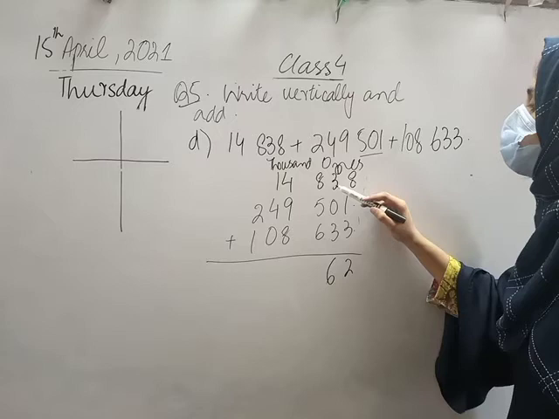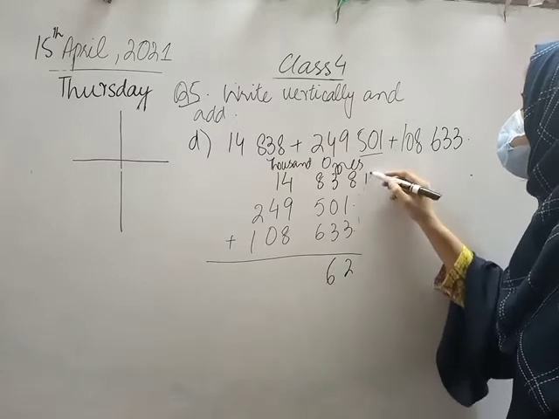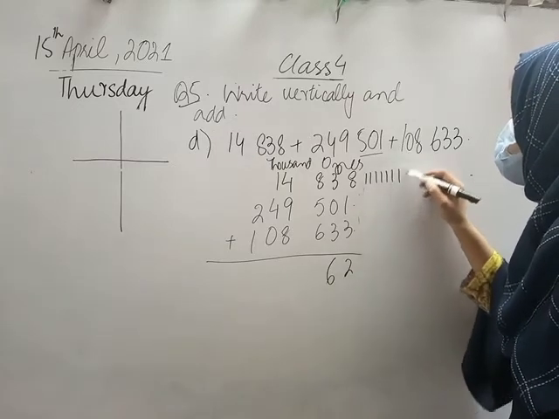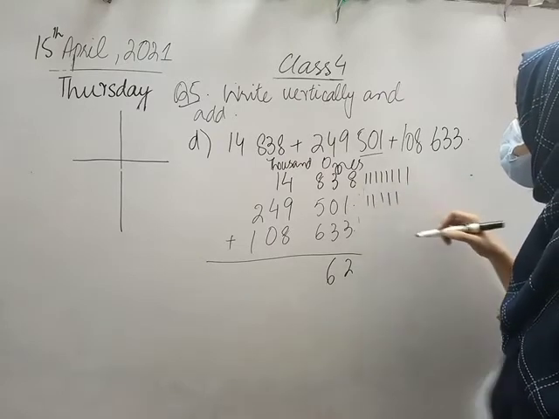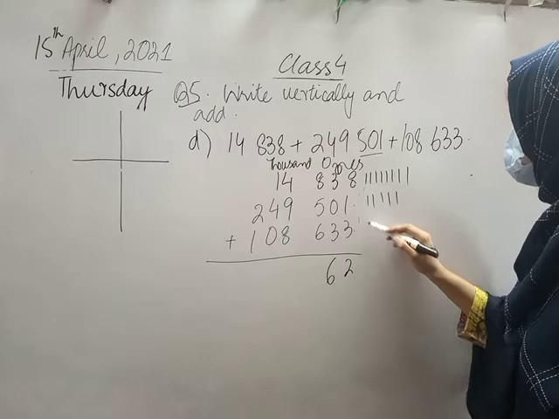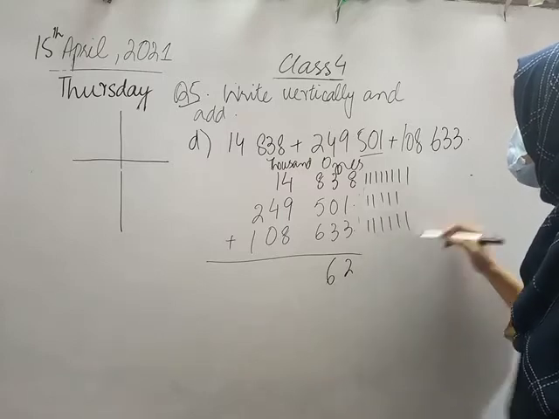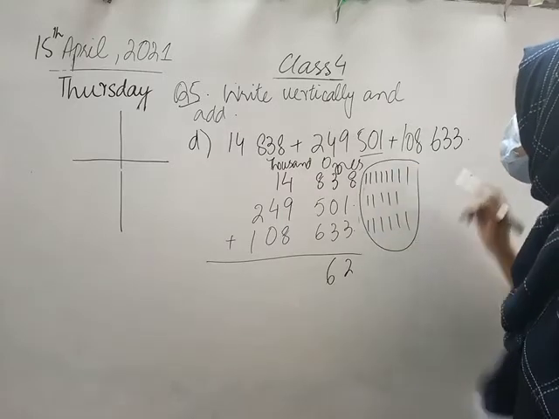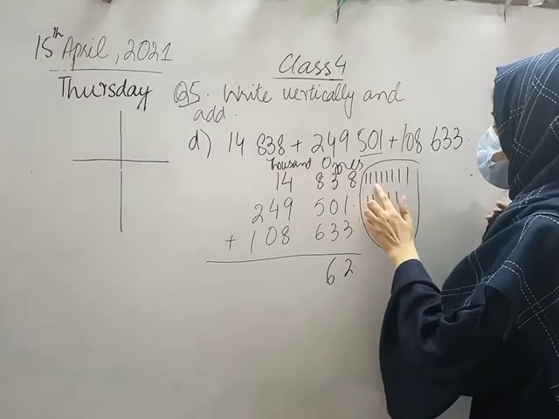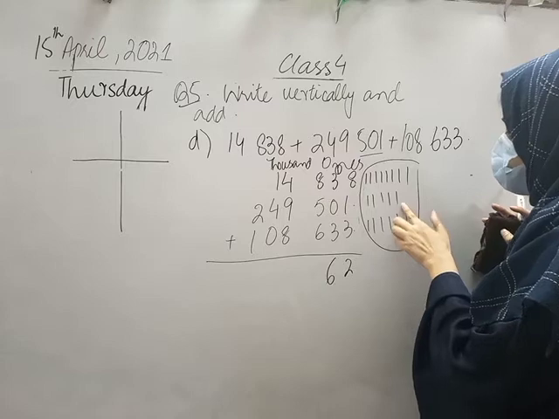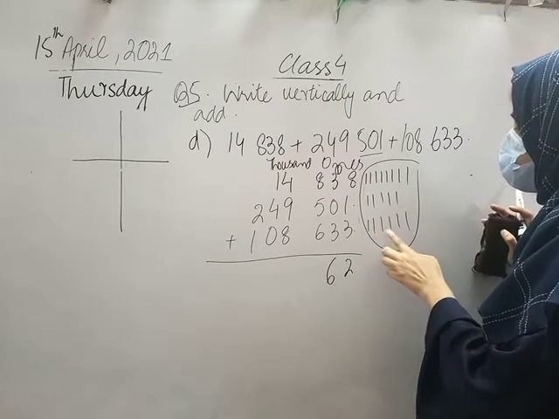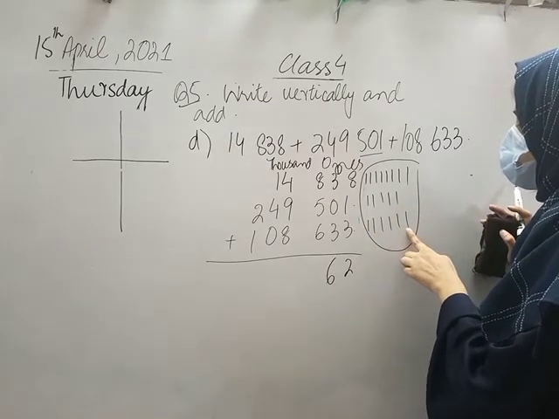Now the next number: 8 is upper, 5 is middle and 6 is lower. So in total I have 19.